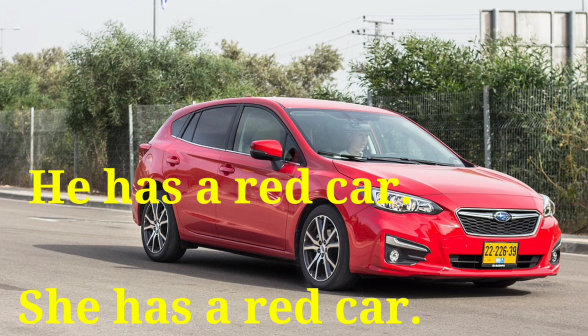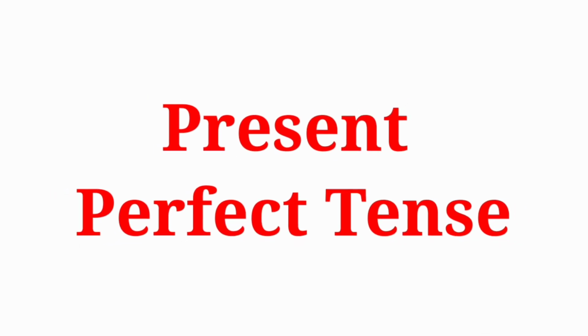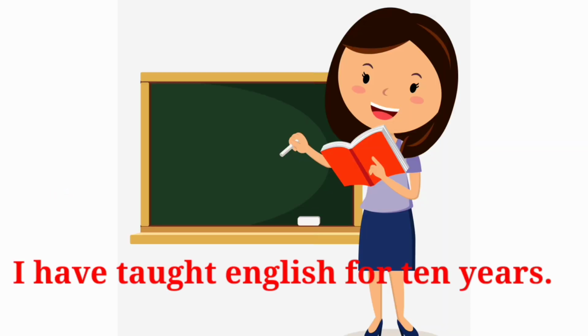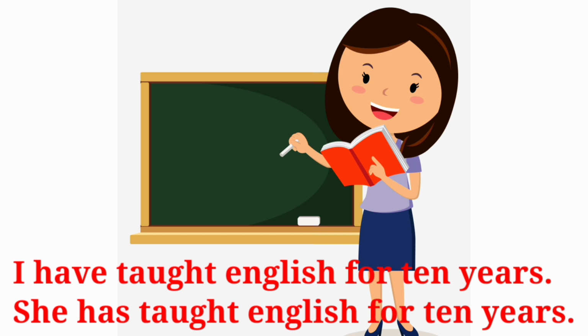Over here, I have some sentences for you in the present perfect tense. I have taught English for 10 years. We are using have because the subject is I. But look at this sentence: She has taught English for 10 years. Both of these sentences are basically the same.